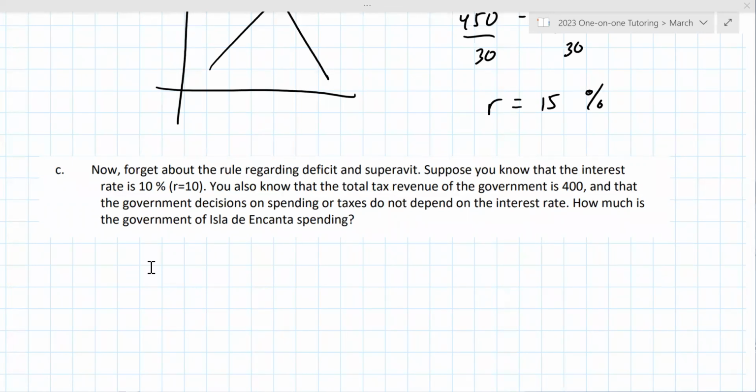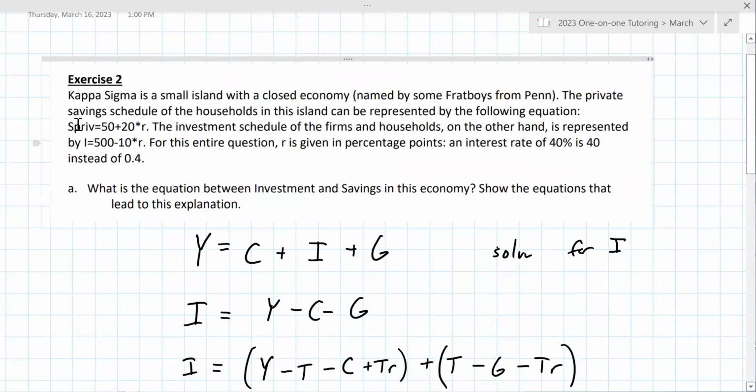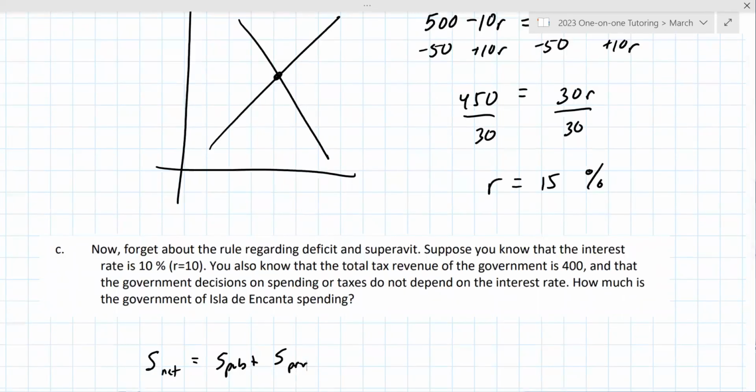We wrote that the national savings equals the savings public plus the savings private, and then we substituted, in the last problem, for the private or the public part. Go back and look at the solution here. So it says it's public.